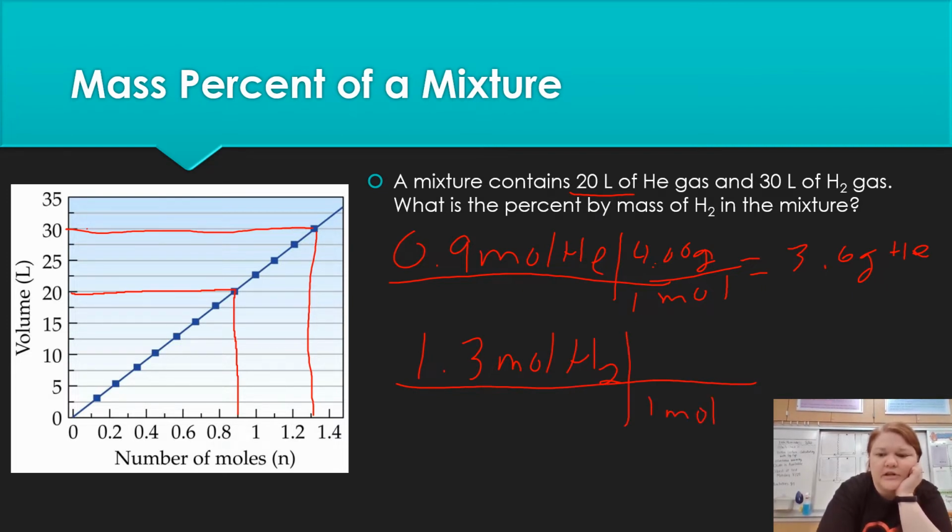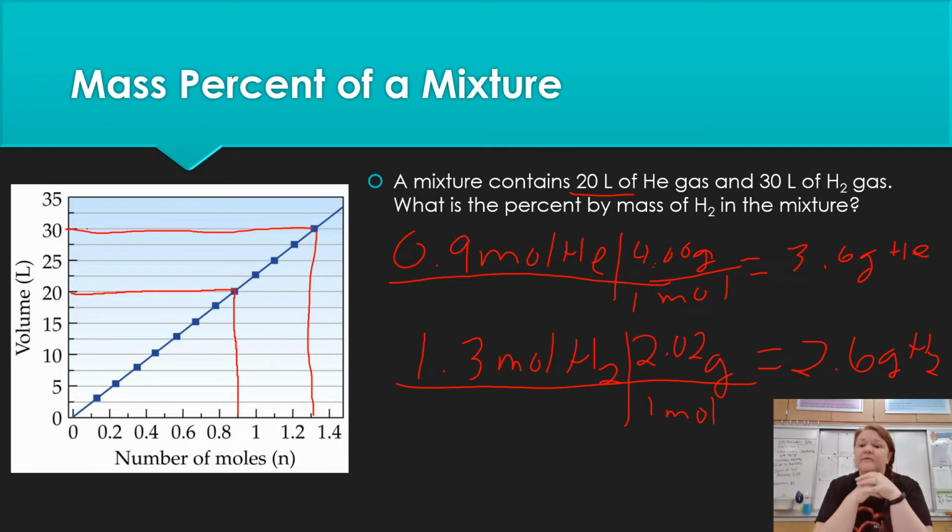For 1 mole of hydrogen, there are 2 hydrogen atoms, so we do need to add that up. 1.01 is hydrogen, so 2.02 for H2. So 1.3 times 2.02 gives us, with 2 sig figs, 2.6 grams of hydrogen.